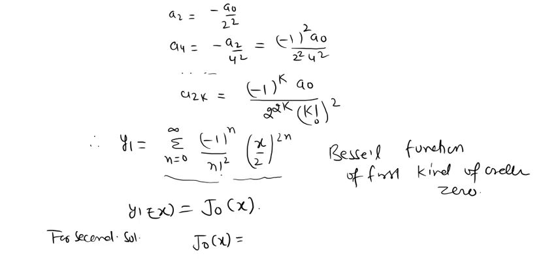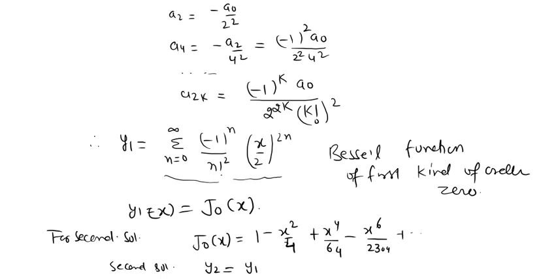So just write the expansion: 1 minus x square by 4, x4 by 64, minus x6 by 2304 etc. Since roots are equal, we apply reduction of order, and the second solution y2 will be the first solution times v.